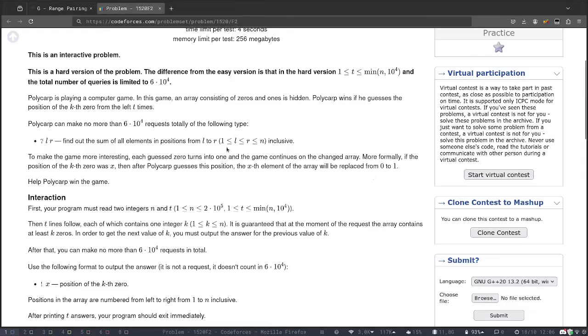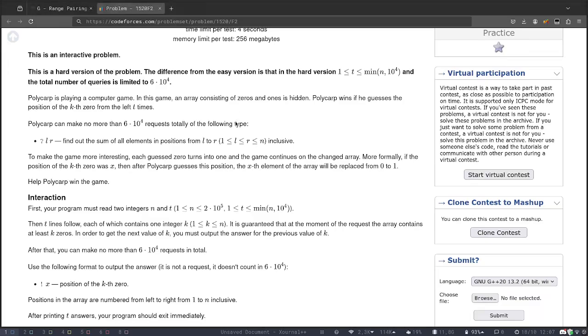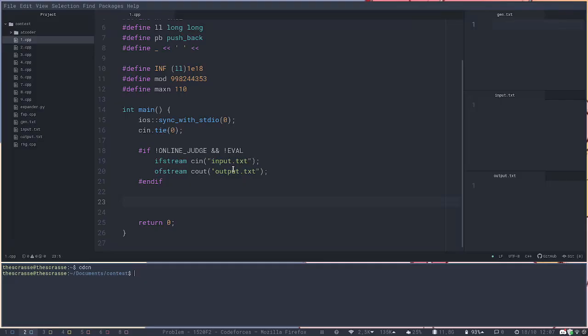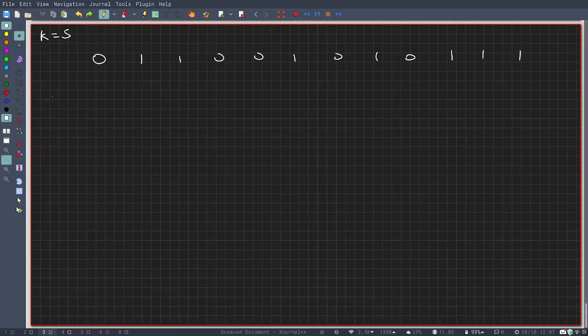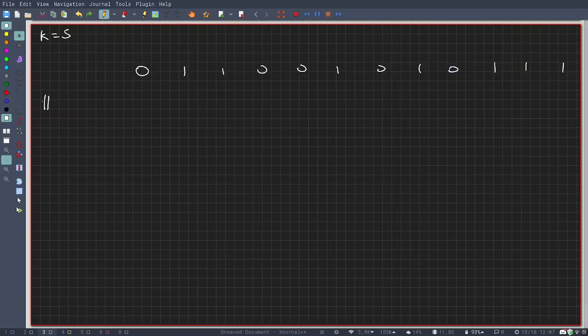Okay, let's make things simpler. Now we are finding the number of zeros from 1 to R. So, okay, let's just draw it. A number of zeros from 1 to R.